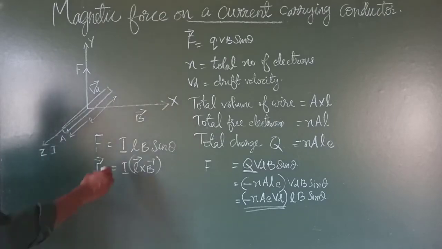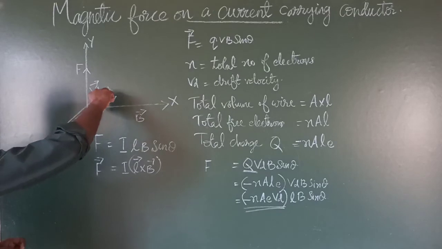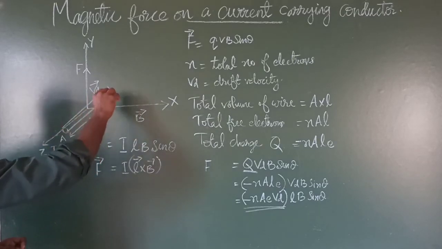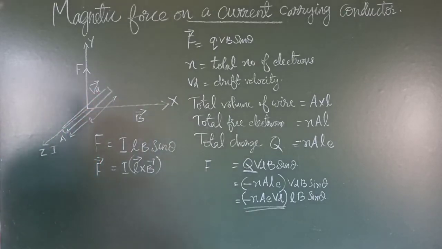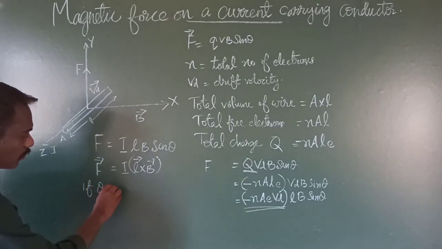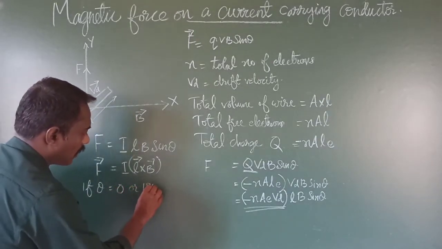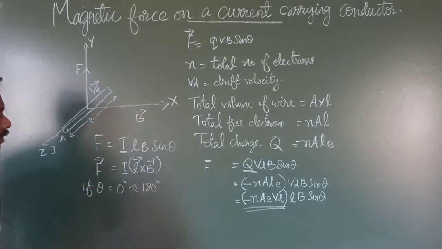So as I said, consider the velocity vector of the moving charges if the value of theta is equal to 0 or 180 degrees. How does it affect?